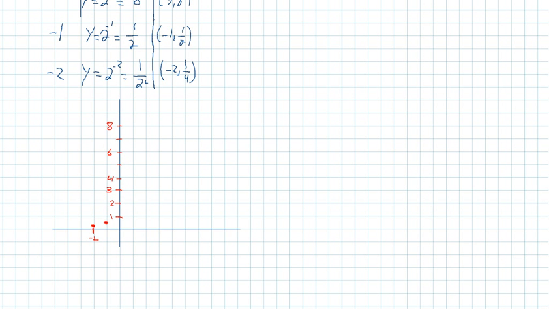What was the value of y at 0? Sorry, 1. What was the value of y at 1? At 2? At 3? So (0, 1), (1, 2), (2, 4), (3, 8).